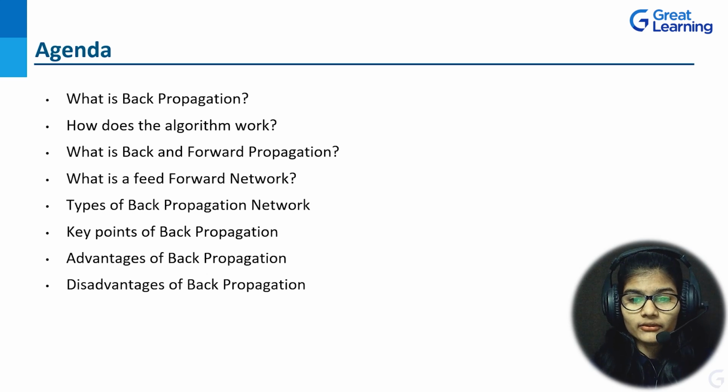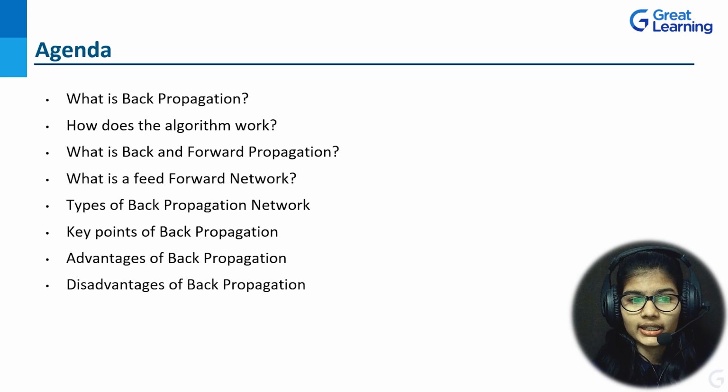When you have learned what backpropagation is and in which technologies it is used, everything will be very clear and sorted. Now, we will be learning how this algorithm actually works. I already told you that backpropagation is an algorithm used in neural networks, in feedforward networks.